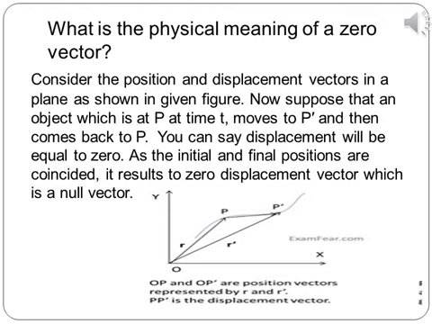Now, suppose that an object which is at the point P at time t moves to the point P dash and then comes back to the point P. You can say that the displacement of the object will be equal to 0 because the initial and final positions of the object are coincided. So, it results to 0 displacement vector, which is a null vector. This example shows the physical meaning of a zero vector.